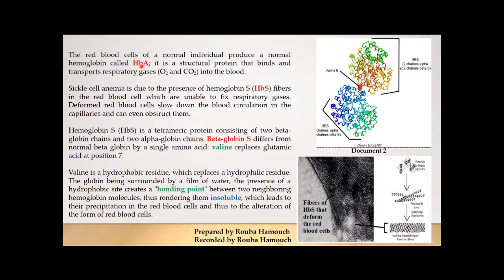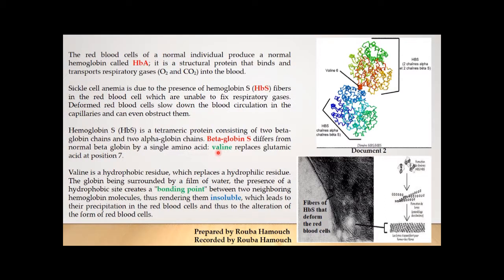The normal hemoglobin should contain glutamic acid at position 7. For the hemoglobin S, which is an abnormal hemoglobin, there is no glutamic acid at position 7, but we have valine replacing this glutamic acid.